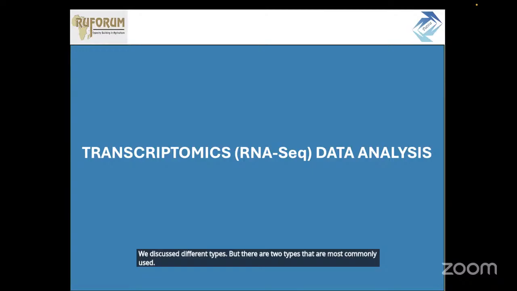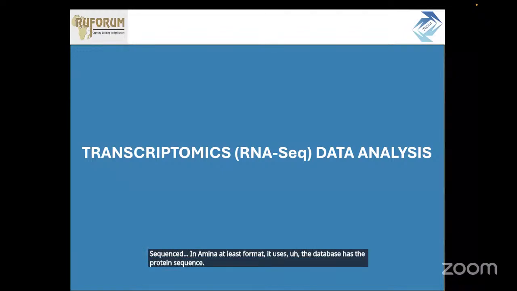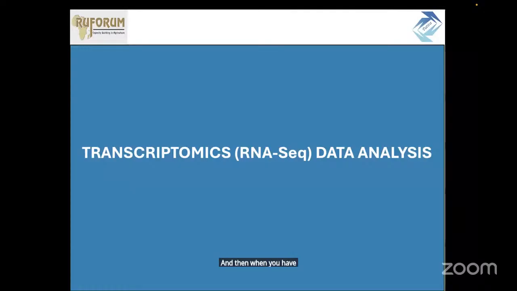We have protein BLAST, BLASTP, where you have your protein sequence in amino acid format and it uses a database of protein sequences. And when you have your DNA, you use BLASTN, and your query is a DNA, and the database is also DNA.